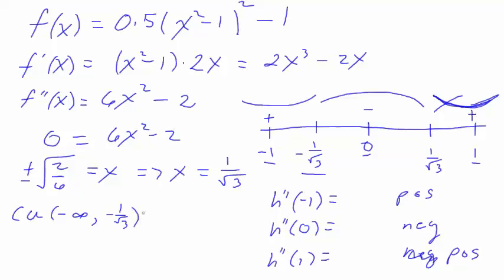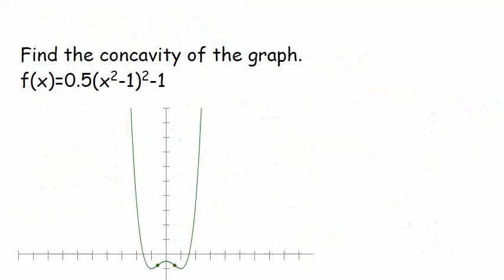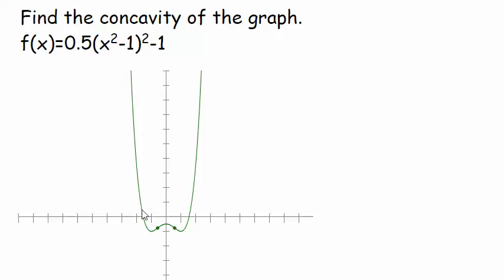So concave up, and then union from 1 over the square root of 3 to infinity, and concave down is from negative 1 over the square root of 3 to 1 over the square root of 3. Like I said, this probably should be written as square root of 3 over 3, rationalizing the denominator. As you can see here, concave up, then concave down, and then concave up.